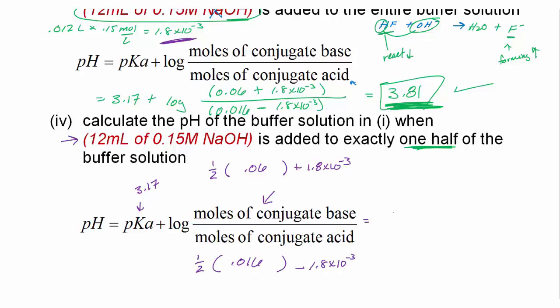So if we clean it up, it's going to look like 3.17 plus the log of 1/2 times 0.06, or sorry, it's plus 1.8 times 10 to the negative 3, over 1/2 times 0.016 minus 1.8 times 10 to the negative 3.